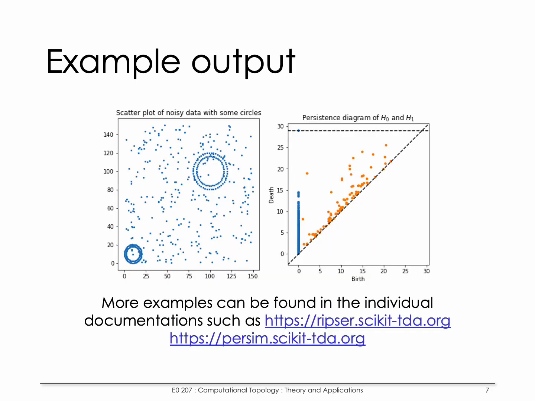This code will generate output such as this, where you have the point cloud shown on the left, essentially a scatter plot, and you can see that the point cloud is noisy, but it has some circles, and the persistence diagram is shown on the right. The persistence diagram includes the H0 homology and H1, shown in two different colors. So Scikit TDA includes the functionality for displaying the result as well.